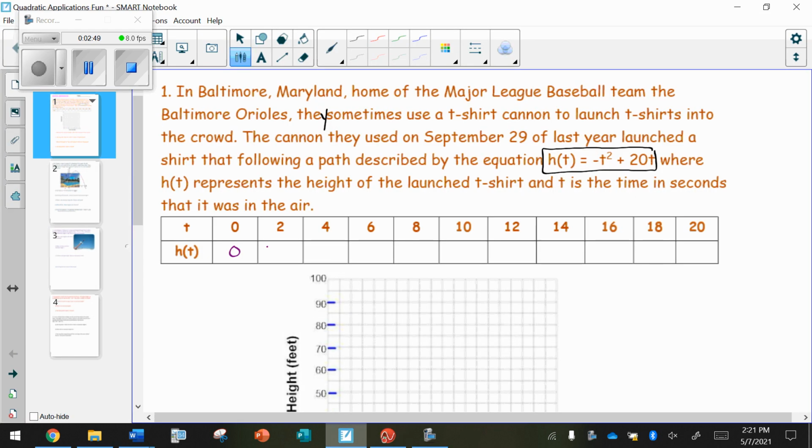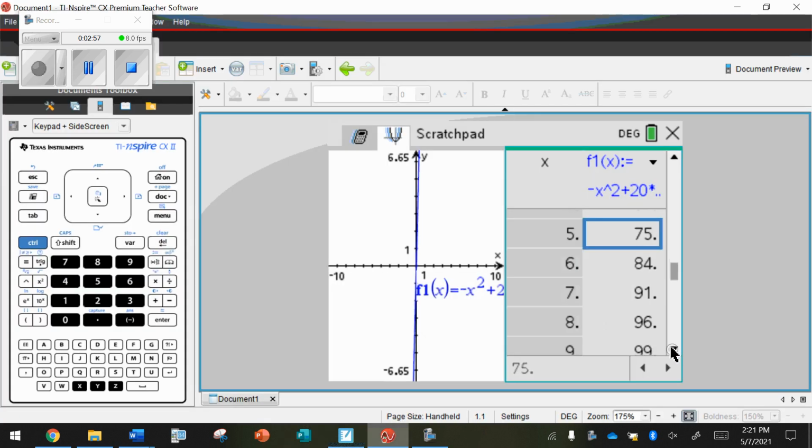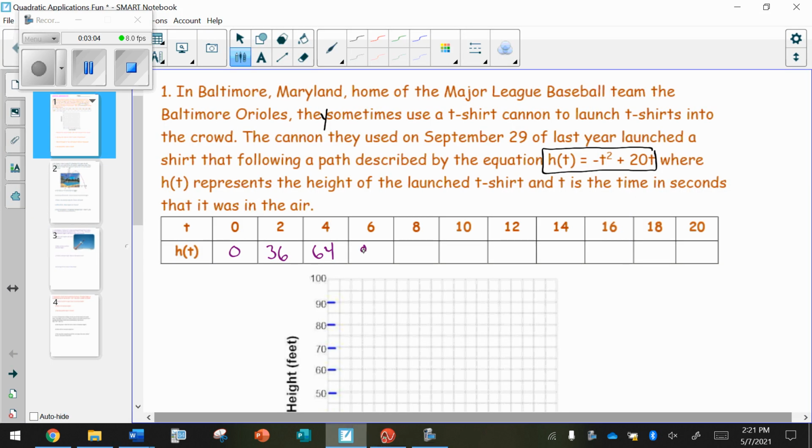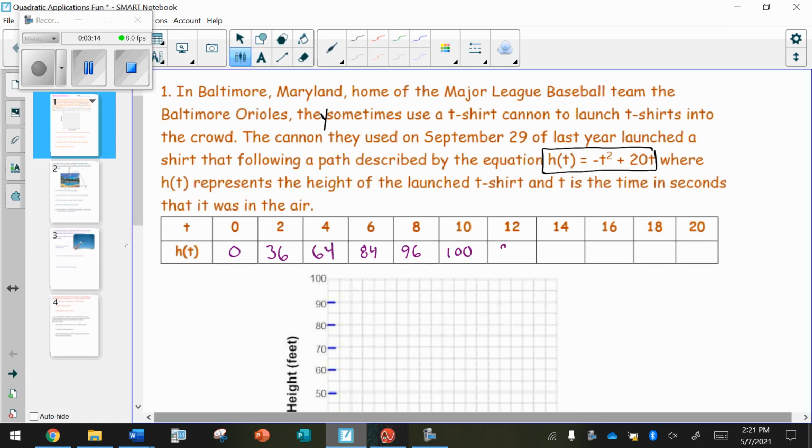And then at 6 is 84, then 96, 100. And then they start going back down. Once they start going back down, I know my values will repeat because it's a parabola, because it has an x squared, or technically a t squared. So I know that it's going to be symmetric.